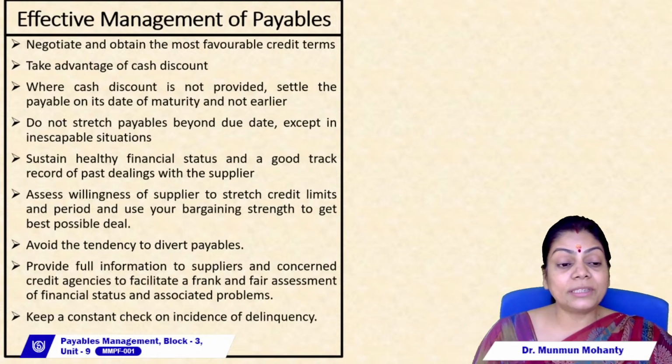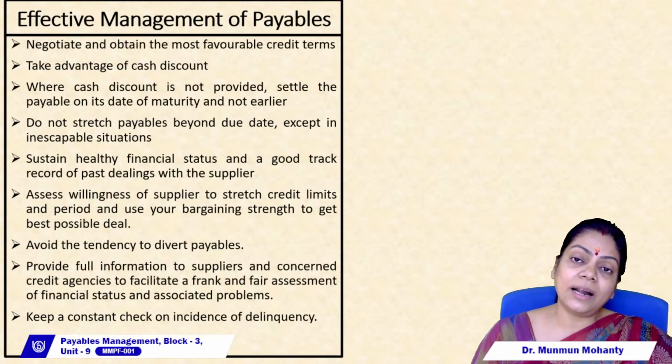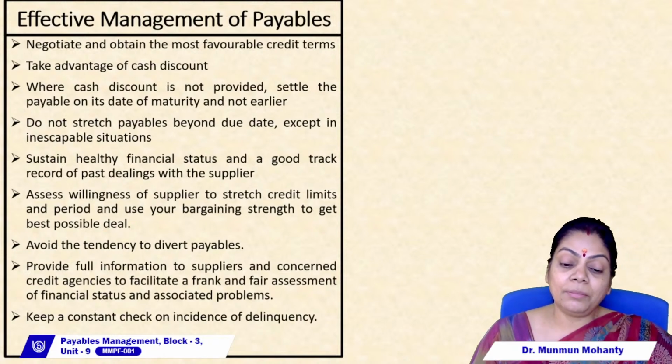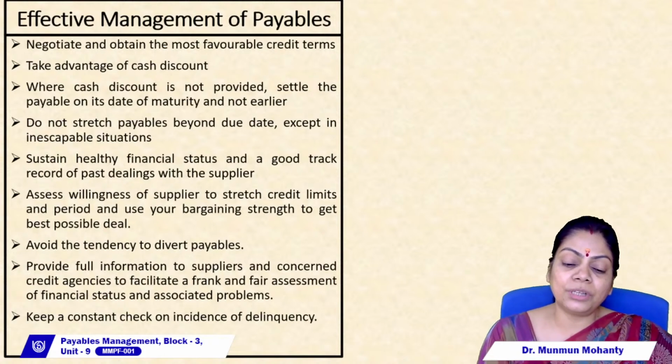Okay, you should always keep a check on the incidence of your delinquency, because delays in settlement of payables as regards the due date can be categorized into age groups like 1 month age, 2 month age, 3 month age. Once you are overdue, the payables are given priority attention for payment.